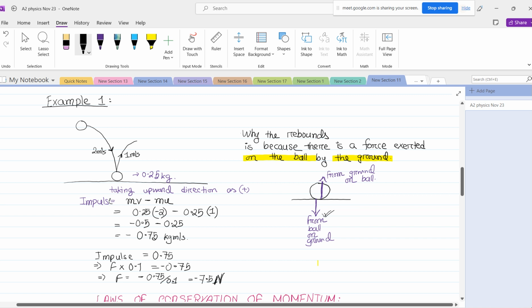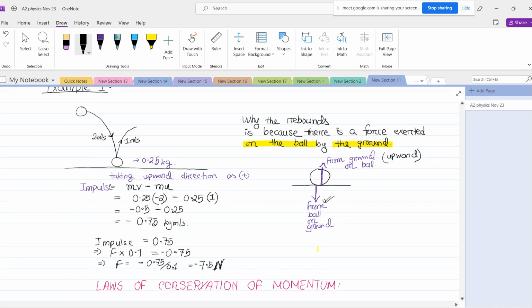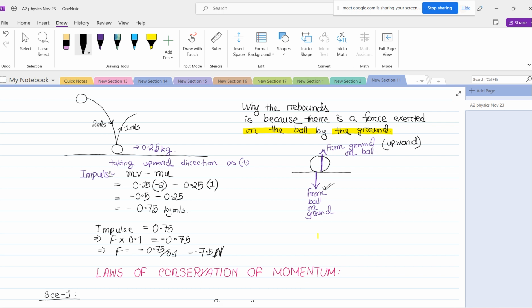But as we were working with the force exerted from the ground on the ball, and as it was in the upward direction, as we can see from the diagram beside, the value will be just 7.5 Newton. Is it clear? The force will be 7.5 Newton.